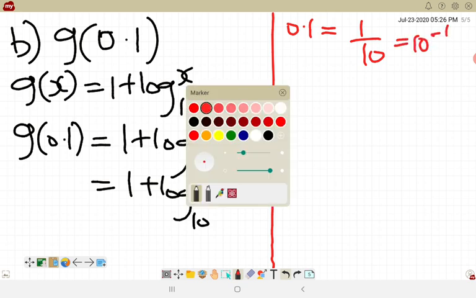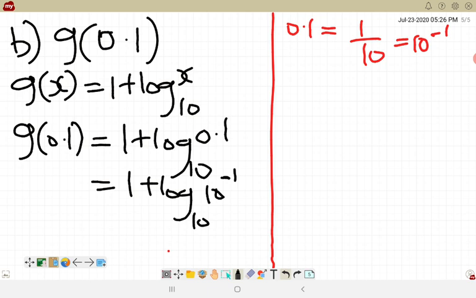So you follow. This becomes 1 plus minus 1, multiplying the power into log 10 base 10.